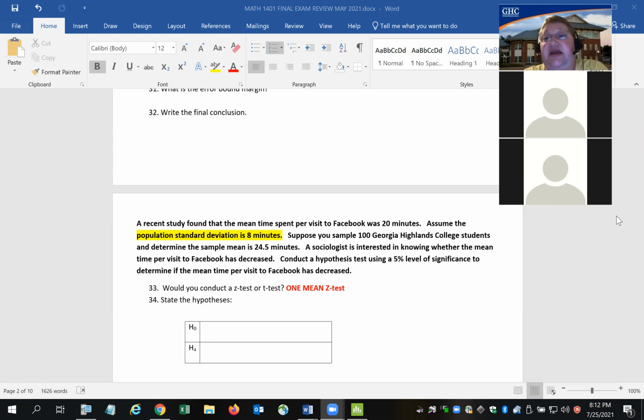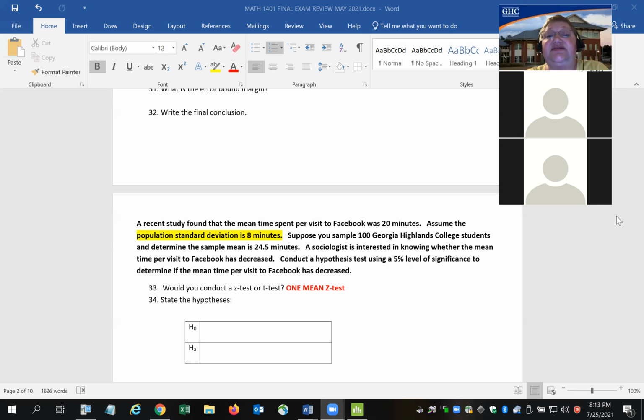So the scenario reads, a recent study found that the mean time spent per visit to Facebook was 20 minutes. Assume the population standard deviation is 8 minutes. Suppose you sample 100 Georgia Highlands College students and determine the sample mean is 24.5 minutes.